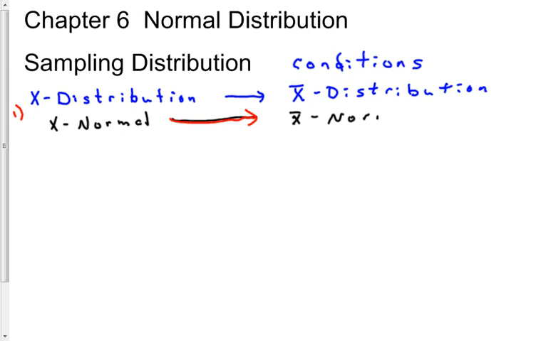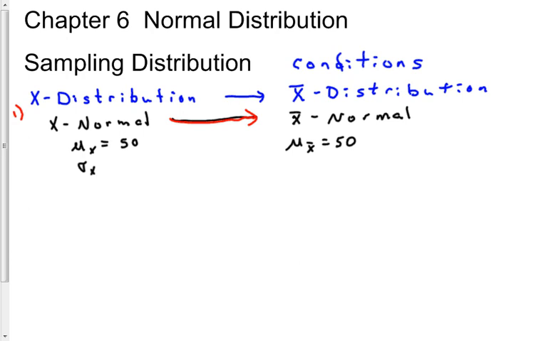No other requirements are needed. And if we have a mean in the X distribution of 50, then the mean in the sampling distribution is also 50. And from the previous video, that's always the case.